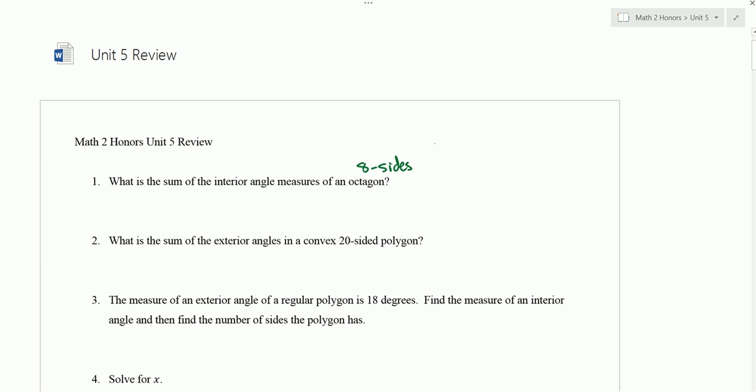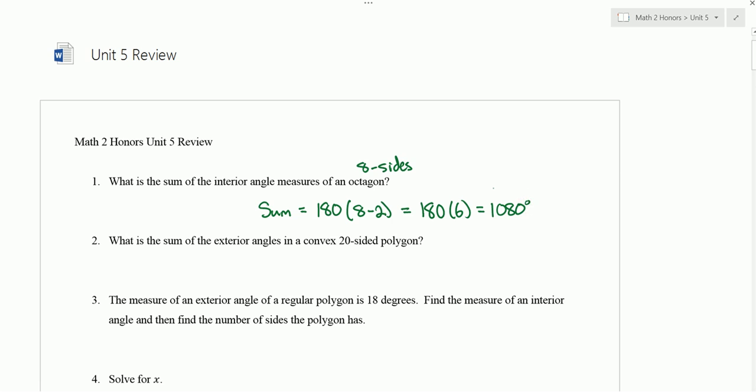And to find the sum of the interior angles, what we're going to do is use the formula 180 times the number of sides minus 2, so 8 minus 2, which is 180 times 6, which is 1080 degrees.